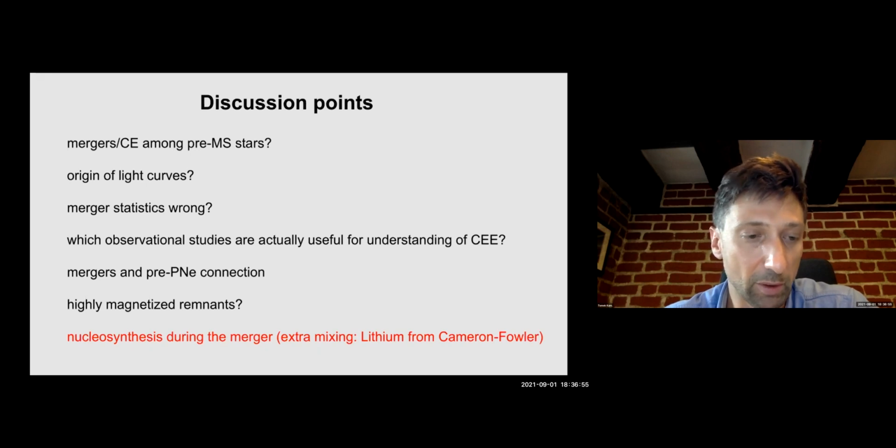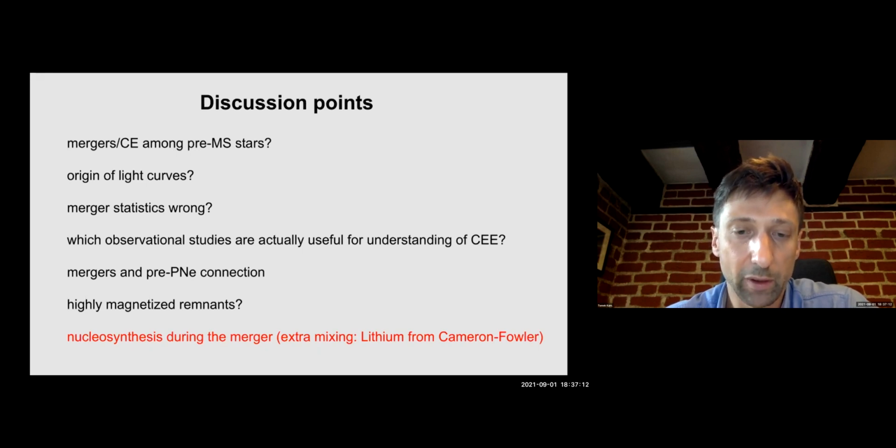But another way to produce lithium is similar to what we know in some red giants, RGB stars. This is the Cameron-Fowler effect related to the mixing in the upper atmosphere of those stars.